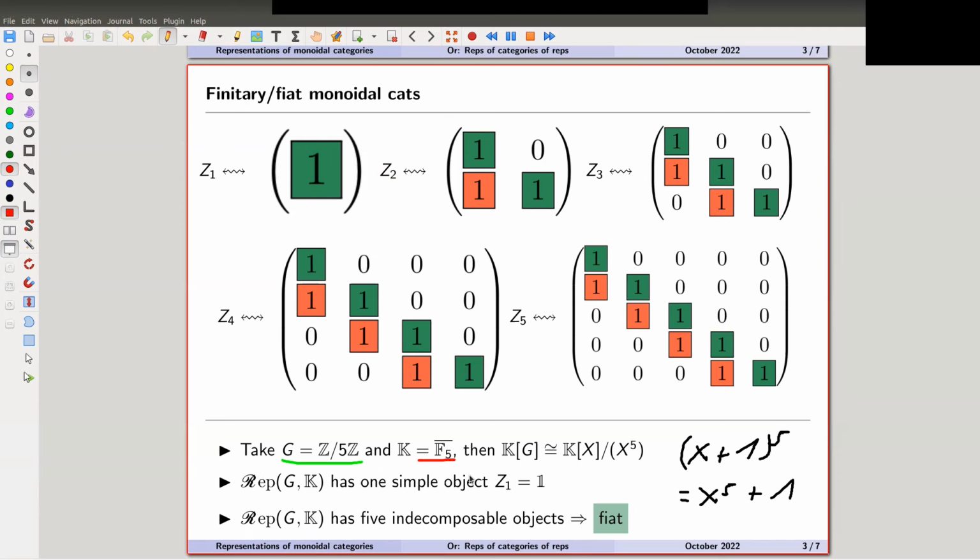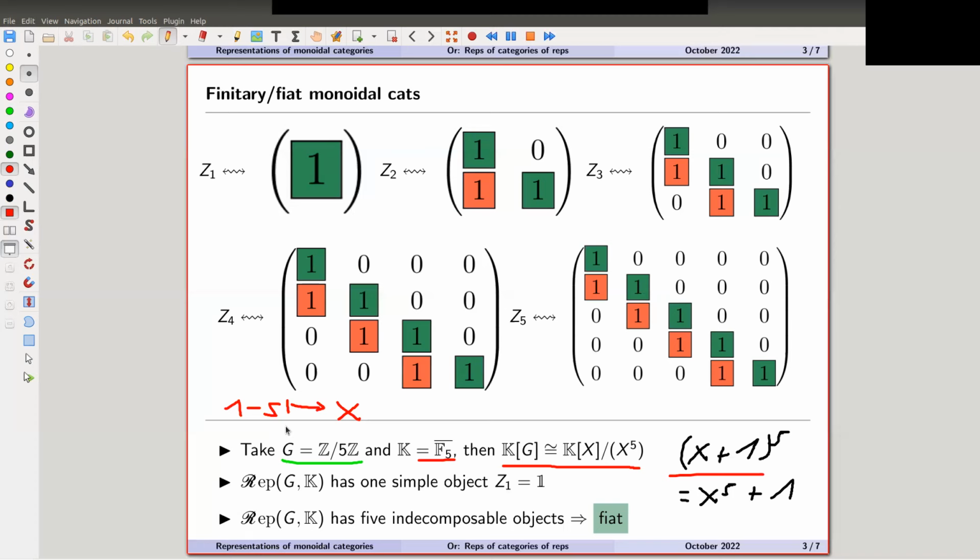In this case, you can actually check that the group ring is isomorphic to this beast by exactly using this equation and sending 1 plus the generator of the group to X. That's essentially what you do. Well, I always get the signs wrong. 1 minus the generator will be nilpotent of order 5.